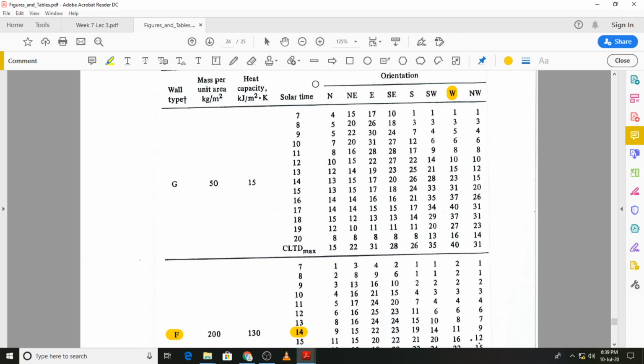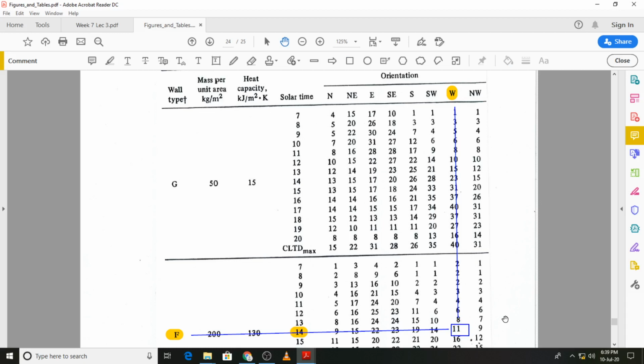And then we read the value of the CLTD under these conditions. The CLTD value is 11 degrees C, and that is the value that we have used.